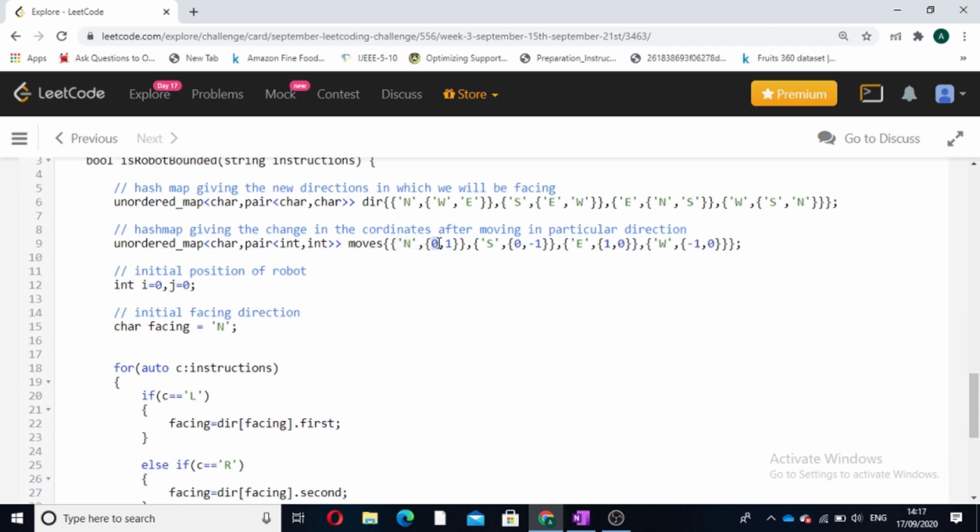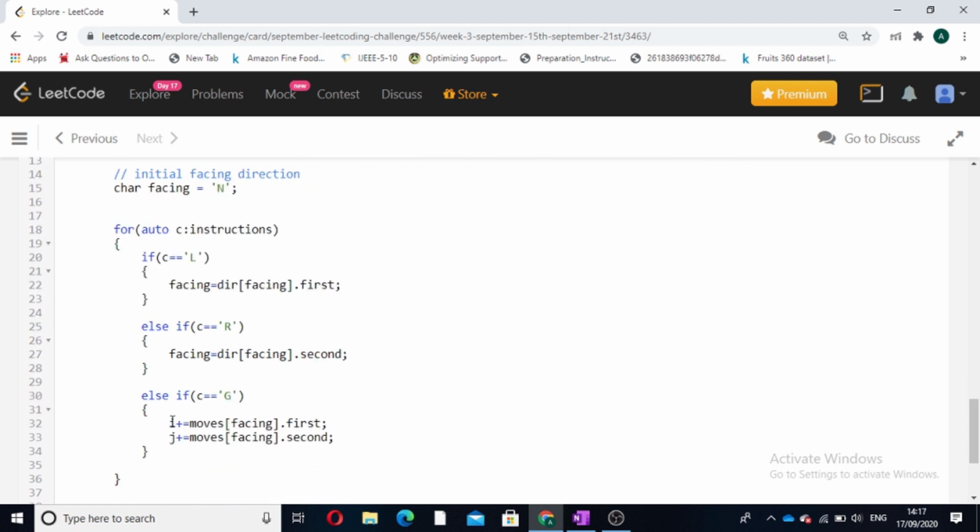First value will represent the change in the x axis when we have moved one step ahead in that direction, and second value will be the change in the y axis when we have moved one step ahead in that direction. So the new position will be i plus equal to the direction in which you are facing, where the first value represents the change in the x axis, and the second value represents the change in the y axis.